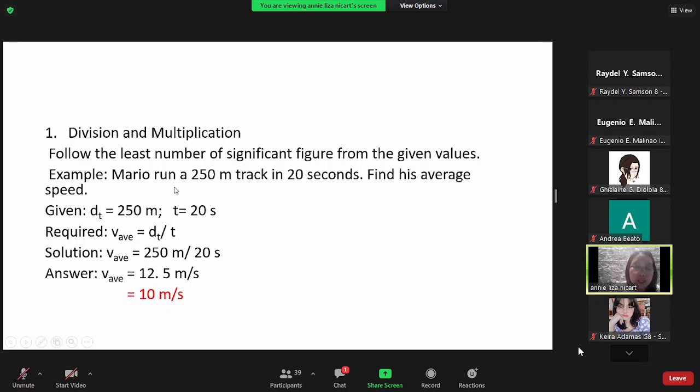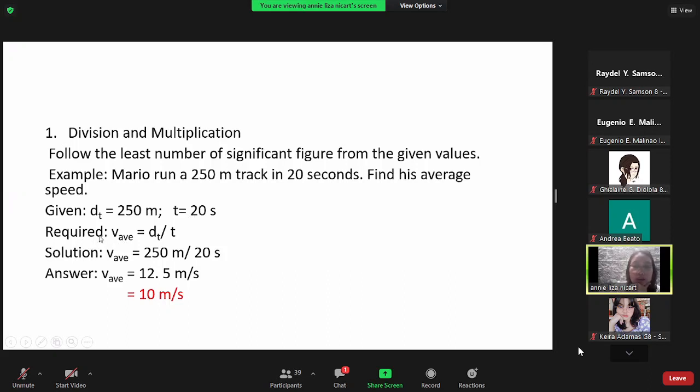Mario ran a 250-meter track in 20 seconds. Find his average speed. Okay, so we have the given. The total distance traveled by Mario is 250 meters. And the duration of the track is 20 seconds.